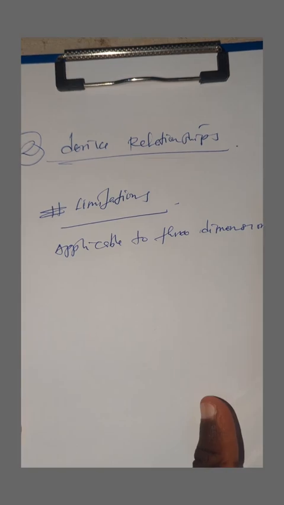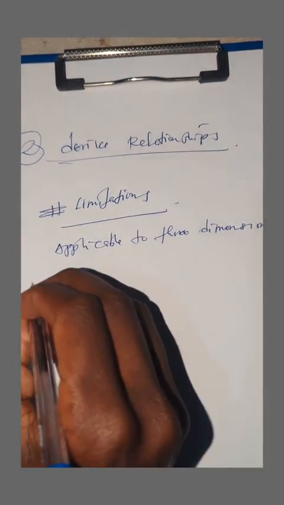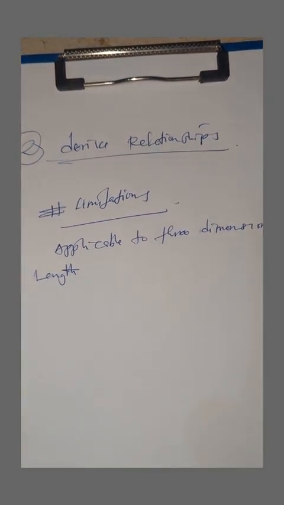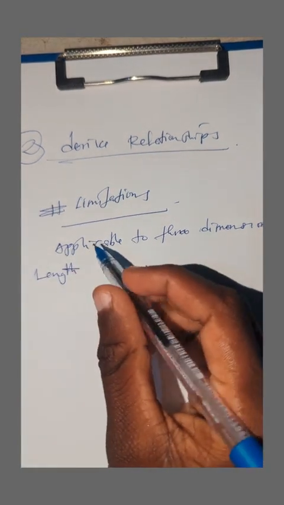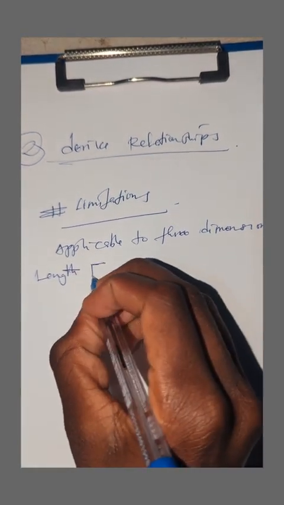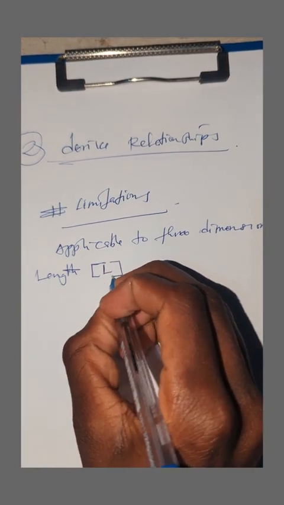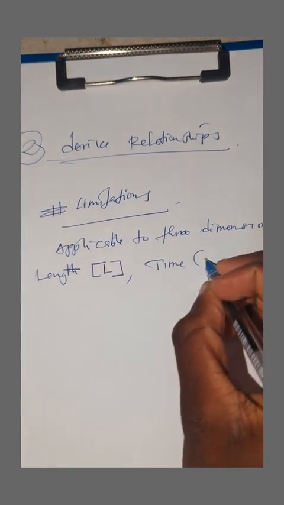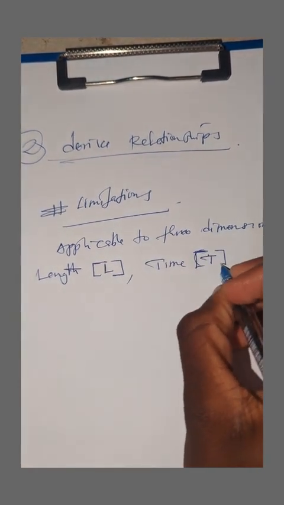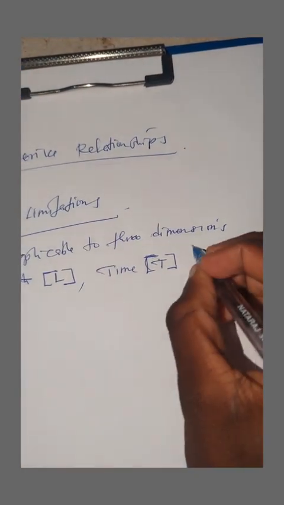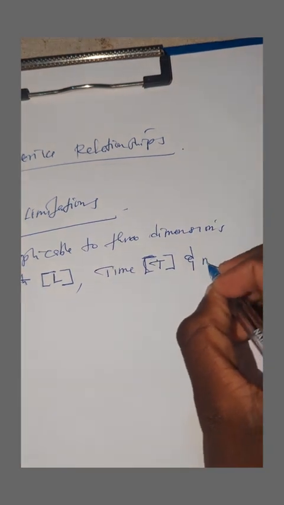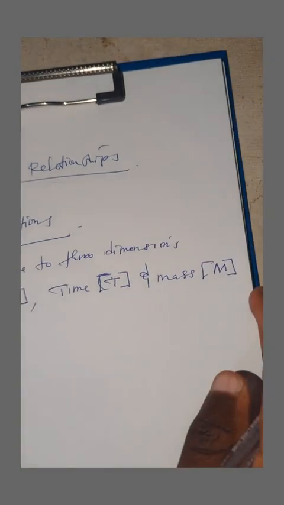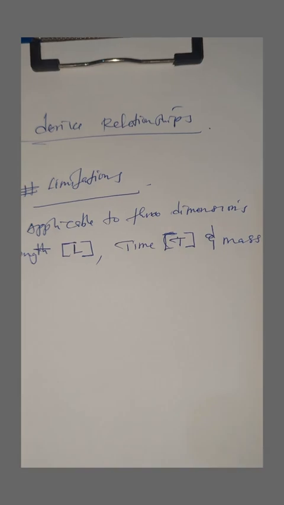When you write the dimensions, you put them in square brackets. The dimension of length is capital L in square brackets. Time is capital T in square brackets. And mass is capital M in square brackets.